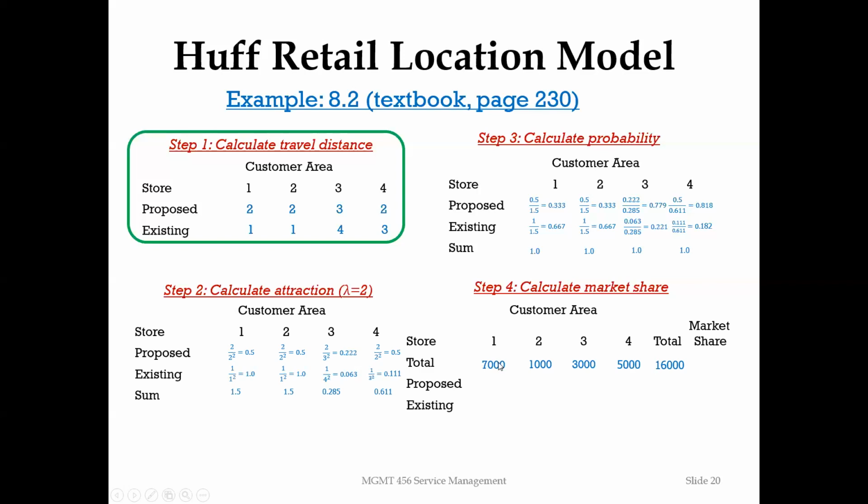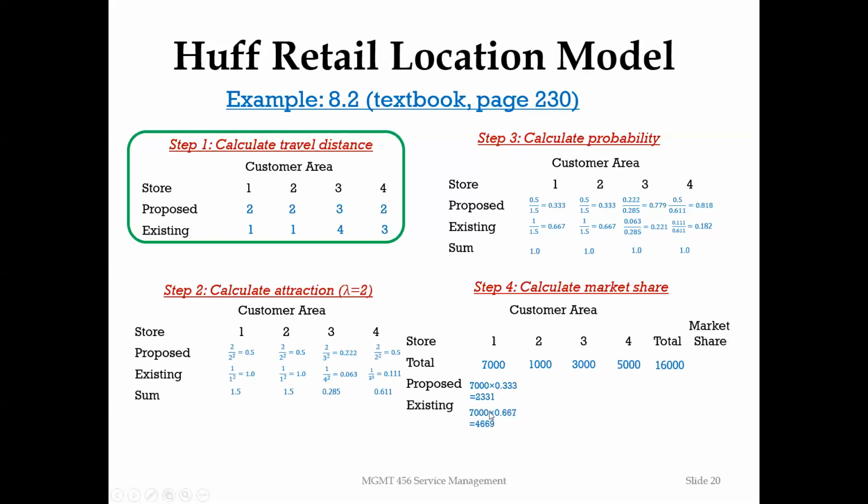Now let's look at this, $7,000. How much of these $7,000 will go to the proposed store, and how much of these will go to the existing stores? So for the proposed store, total $7,000, you can look at the purchasing probability, which is 0.333. So 0.333 times 7,000, which is $2,331, will be spent in the proposed store.